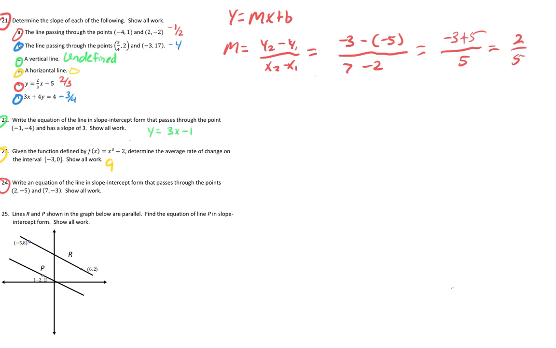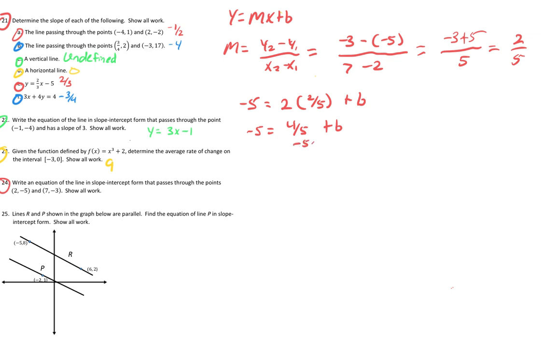Now we can choose either point that we want to find our b. I'll just select the 2, -5. So -5 is equal to 2 times 2/5 plus our b. -5 is equal to 4/5 plus b.